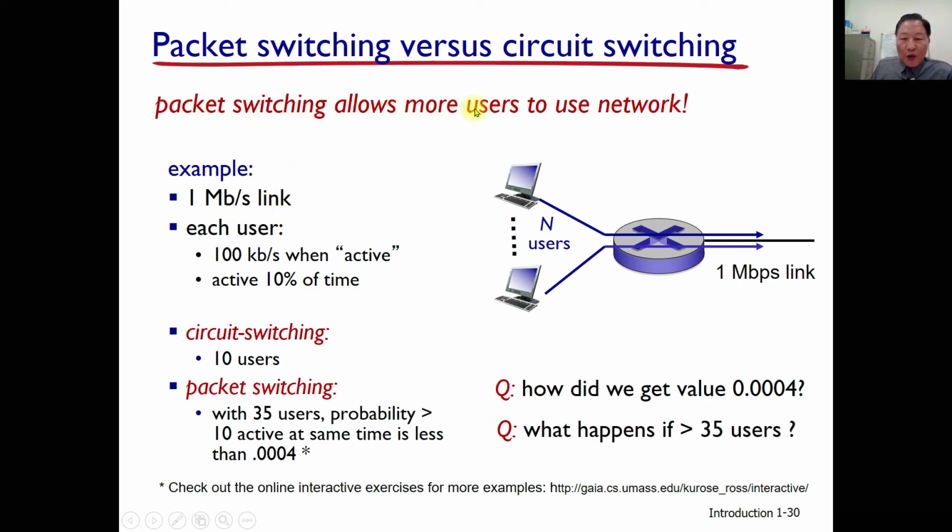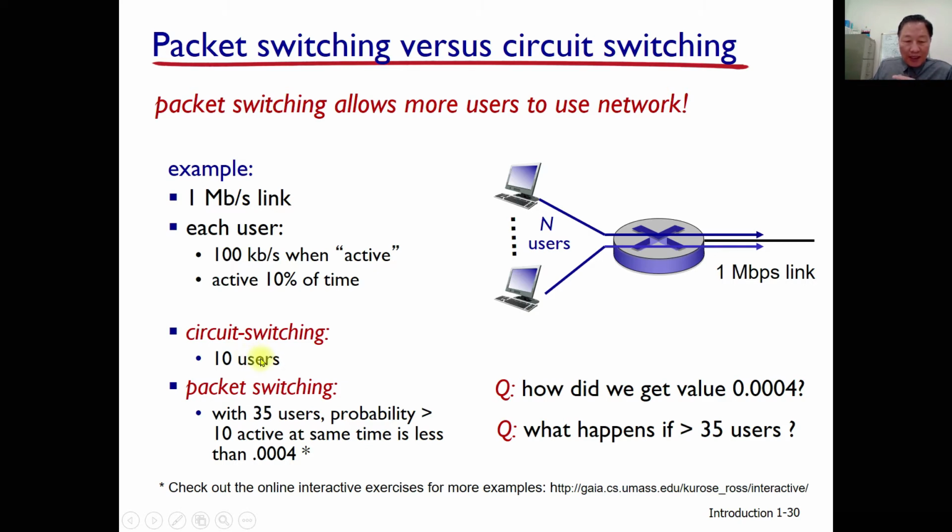Packet switching allows more users to use the network. Here, let's assume a 1 Mbps link, and each user is consuming 100 kbps and is active only 10% of the time. But if we are using circuit switching, then each user is fully occupying an exclusively assigned channel.